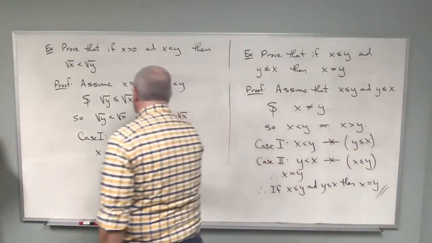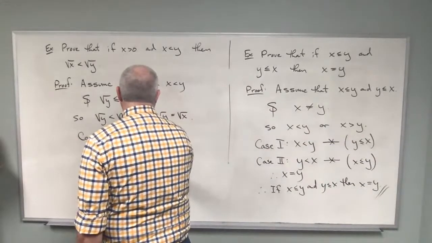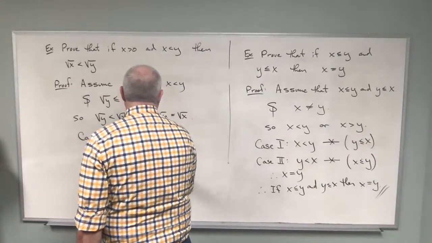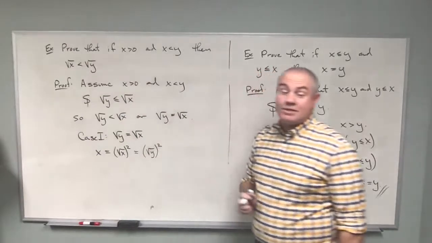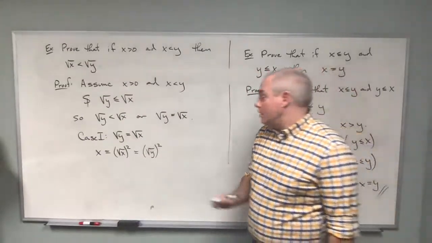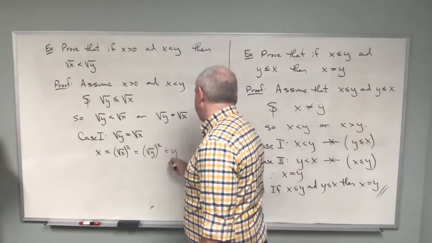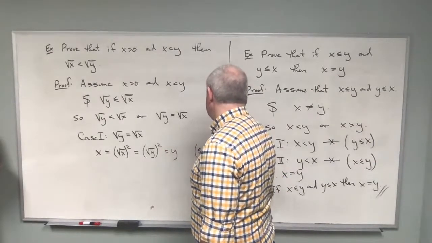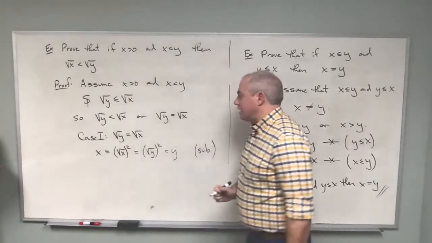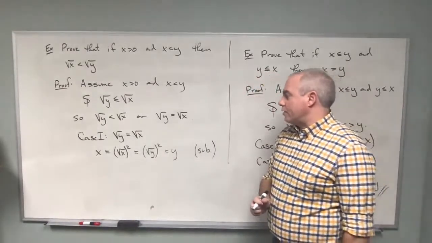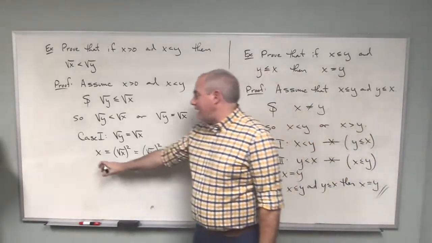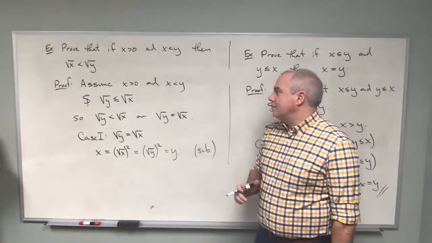So that means that this is the square root of y squared, just by substitution. But the square root of y squared is what we call y. So I used substitution here. I just substituted in the square root of y for the square root of x. And then you see we get that x equals y.